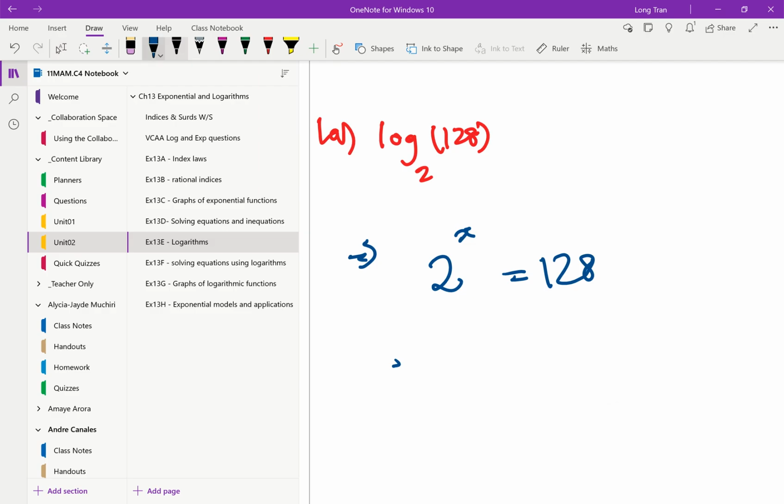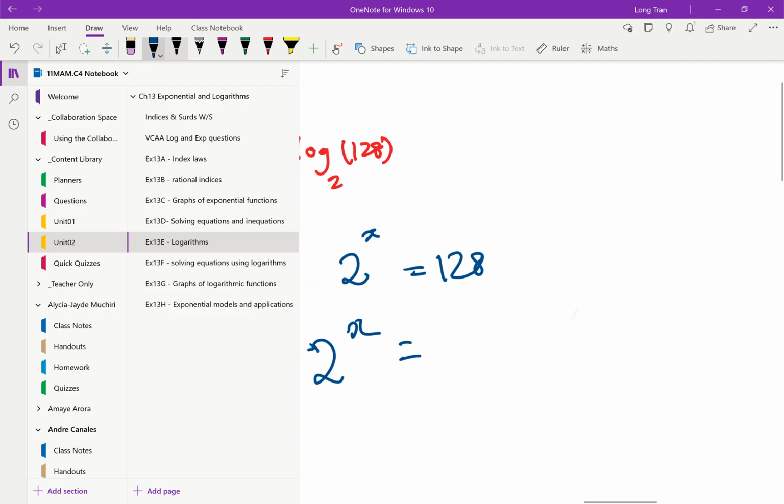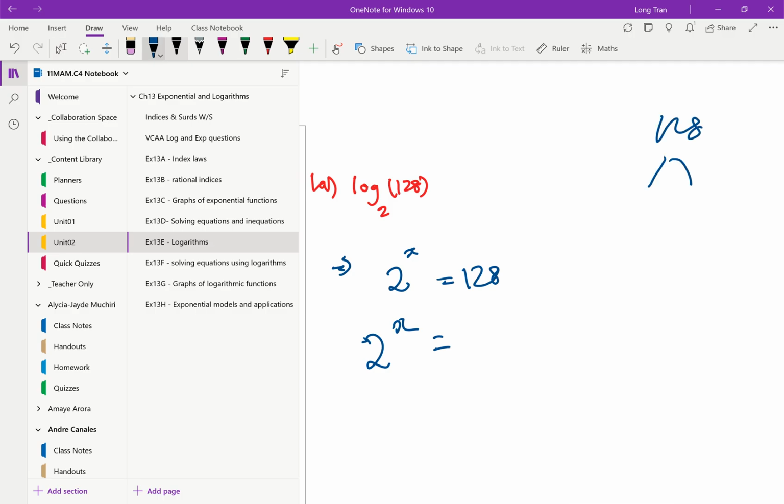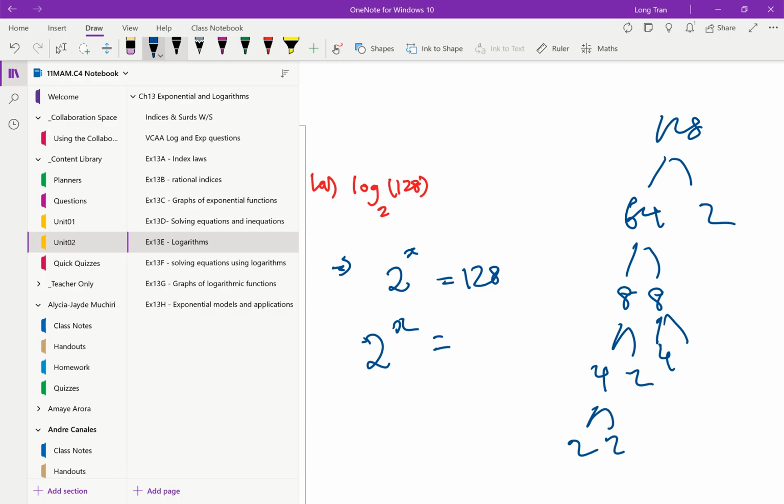Well, 2 to the power of x, I can do a factor tree for 128. So 128, let's break it down. Two numbers that multiply to give you 128, what would that be? 64 and 2. Very good. You can break the 64 into 8 and 8. 8 and 8 can be broken up into 4 and 2. 4 can be broken up into 2 and 2. And same thing, 4 and 2, 2 and 2. So how many 2s? 1, 2, 3, 4, 5, 6, 7.